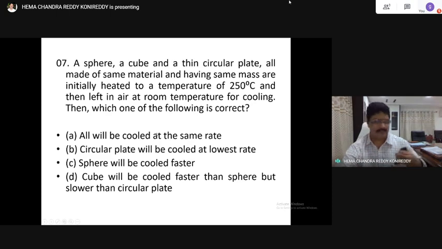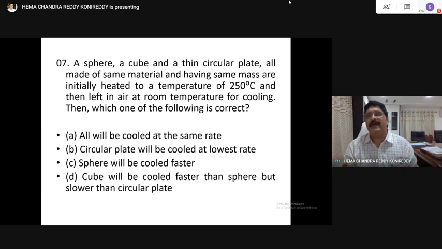Heat transfer rate Q is equal to hA delta T. Remaining things same, material same, fluid same, h is the same. So in all these three cases, Q is equal to hA delta T.